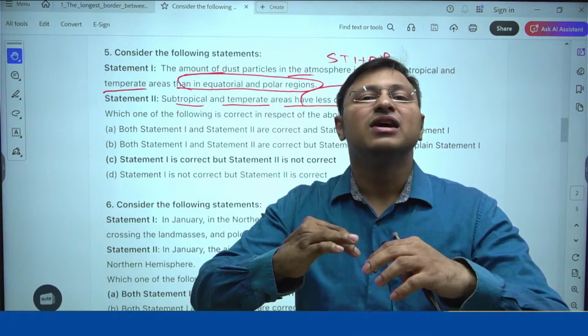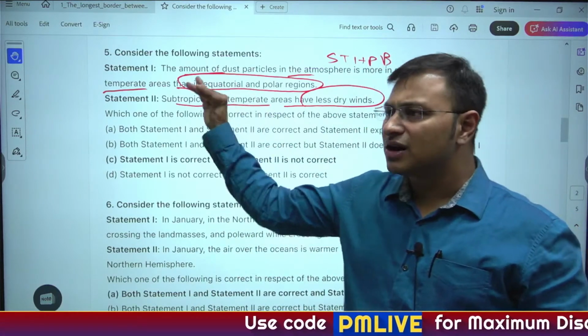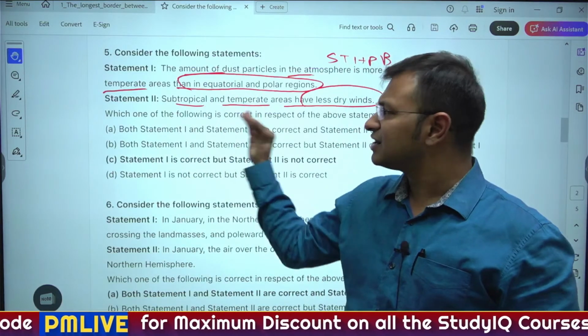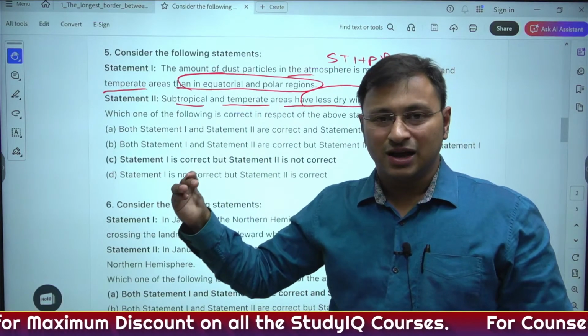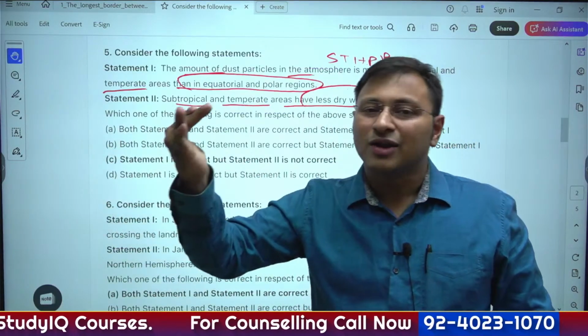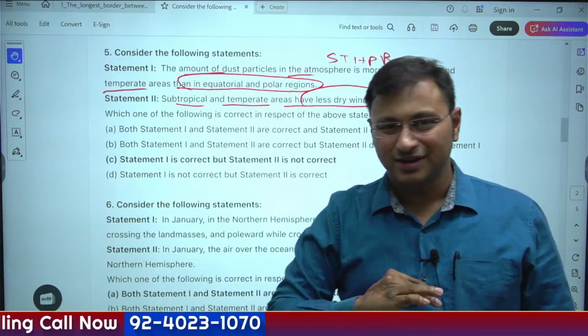Solar radiation meaning the insolation amount and intensity will be good enough, particularly in the subtropical areas wherein we have the majority of the deserts, and in temperate areas, these areas will be having 300 days of summer and only 60 days of winter rains, the Mediterranean type of climate.